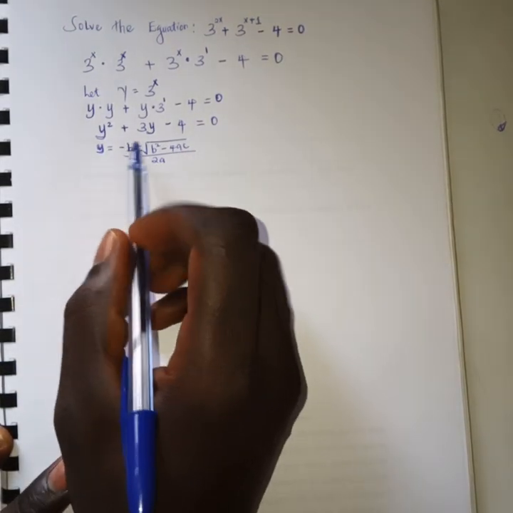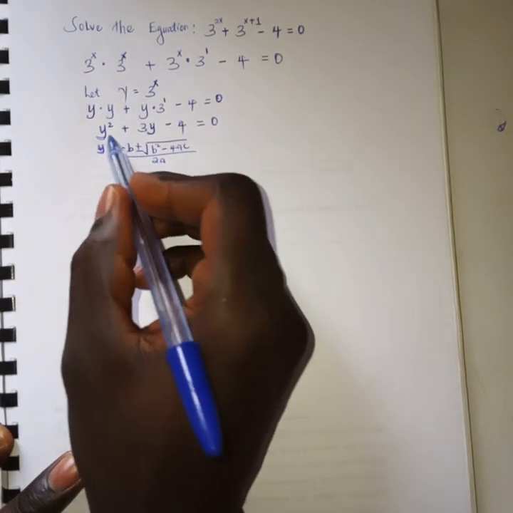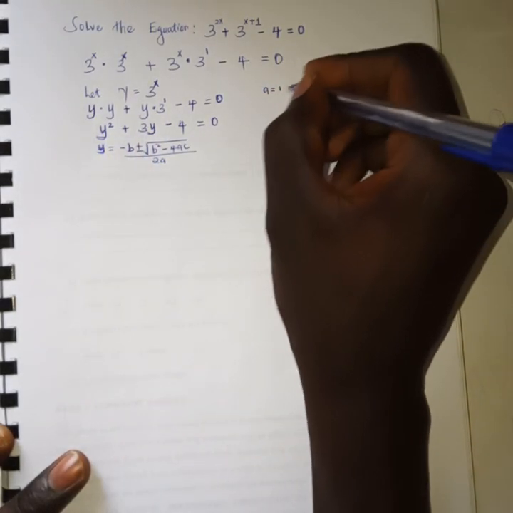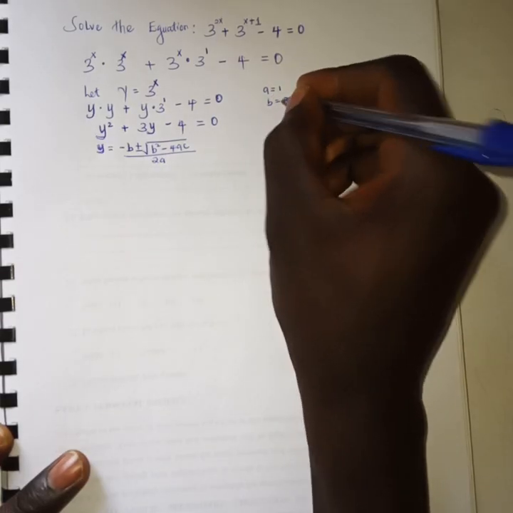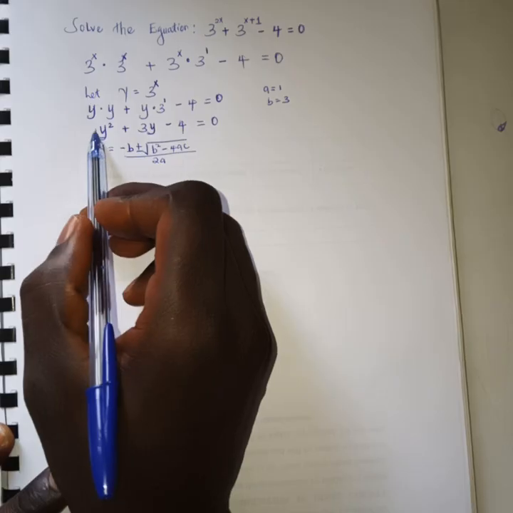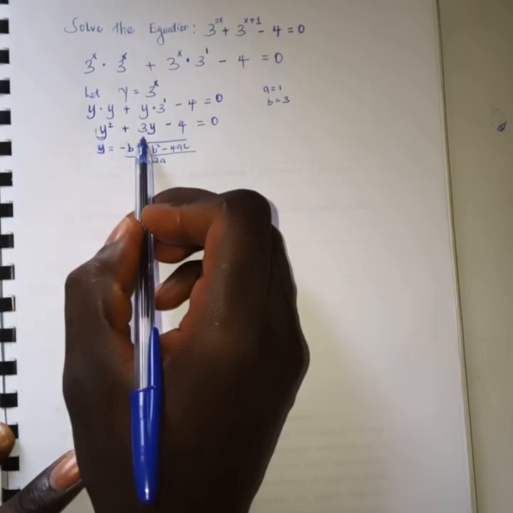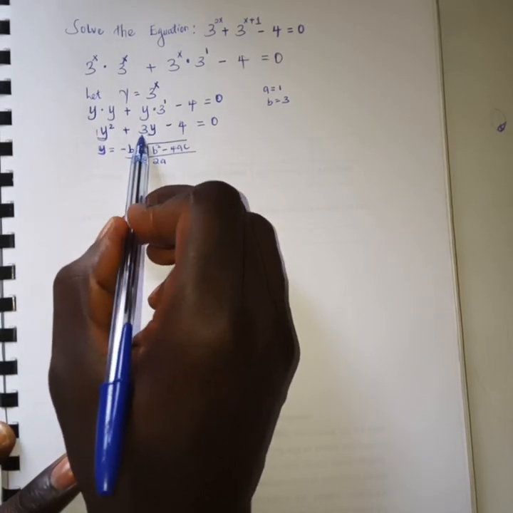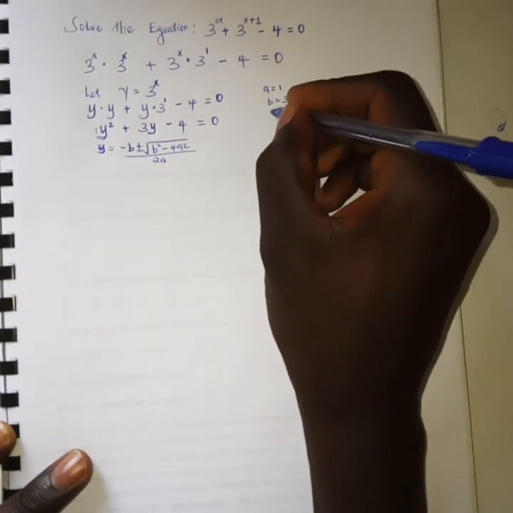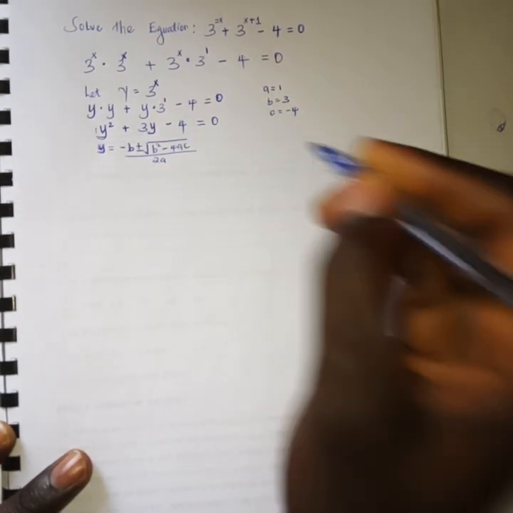So we are seeing that from our equation here, the value of a is 1, the value of b is 3. The coefficient of this term here is what we call a, and it is 1. The coefficient of the second term here is 3, and lastly the constant c is negative 4.